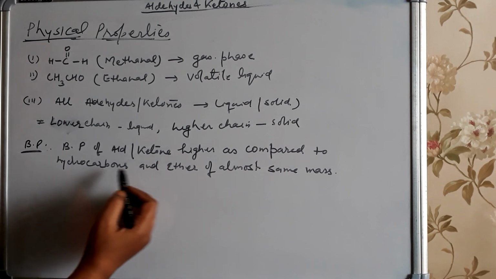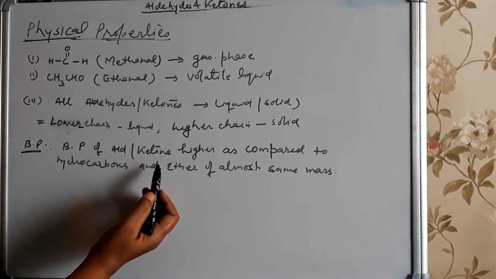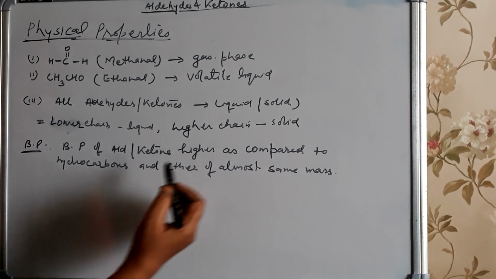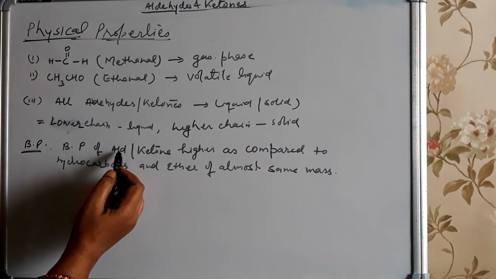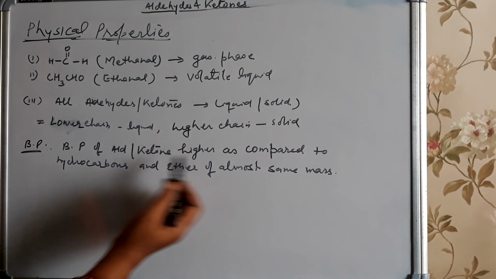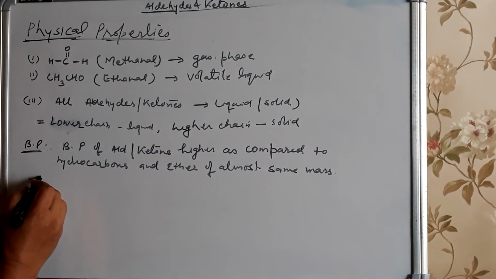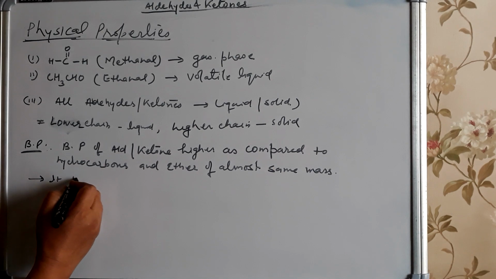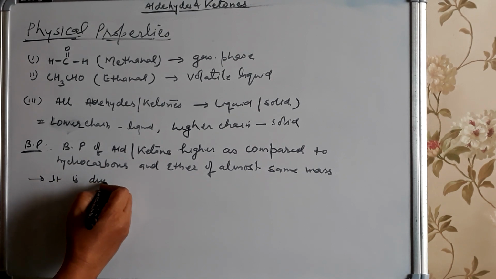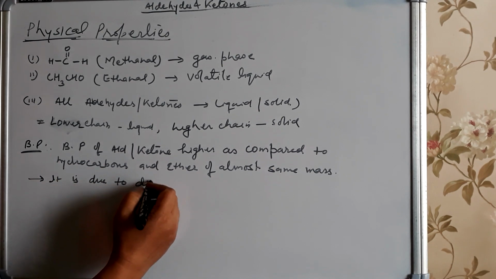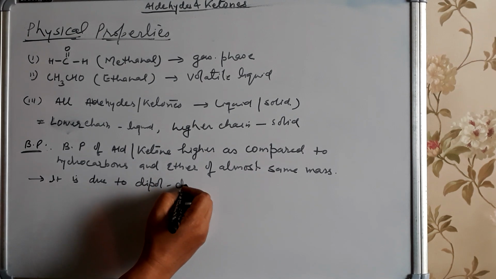If hydrocarbons, ethers, and aldehydes or ketones all have the same mass, the boiling point of aldehydes and ketones must be higher as compared to hydrocarbons and ethers. It is due to dipole-dipole interaction.